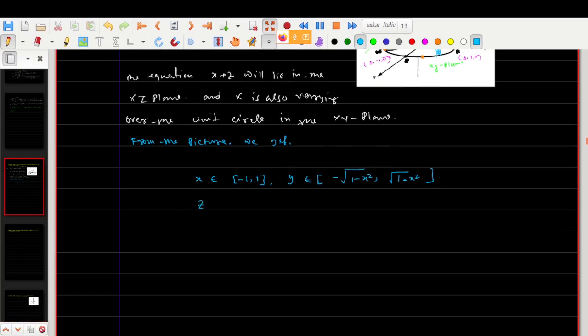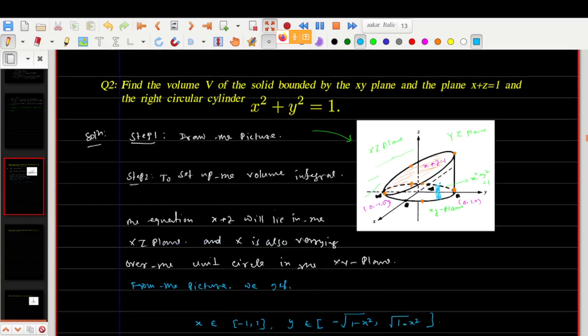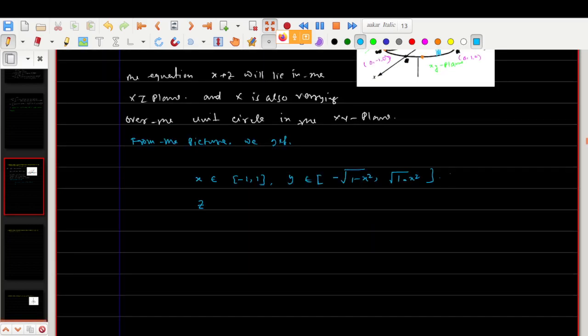Since it is already given in the question, if you look at the question, the solid is bounded by the xy plane and this surface, and it is above the xy plane, so z will always be positive. And how far will it go? It will go up to z equals 1 minus x, because z lies in the plane x plus z equals 1, that is z equals 1 minus x.